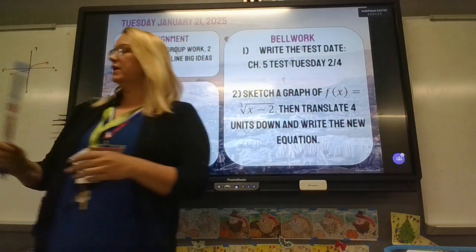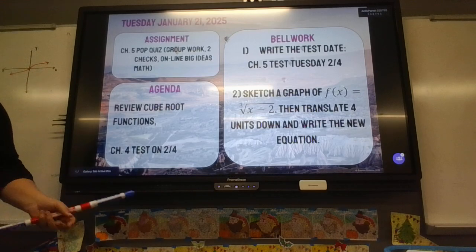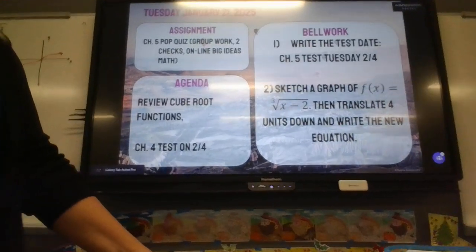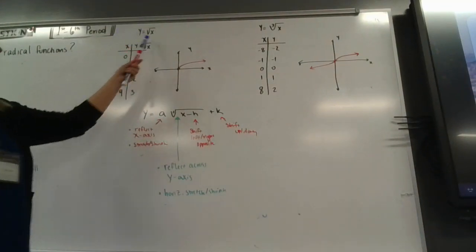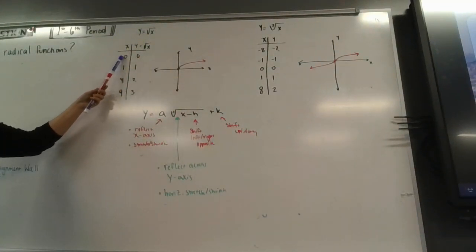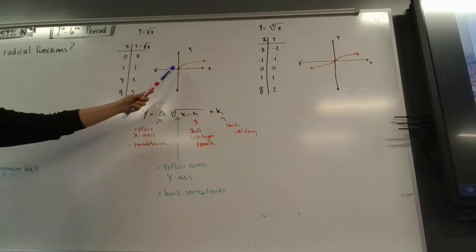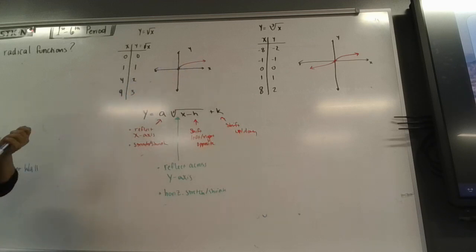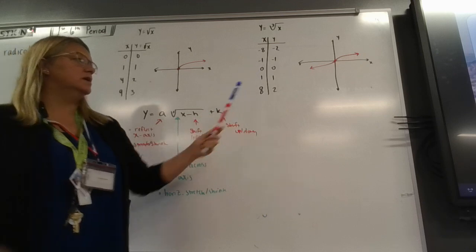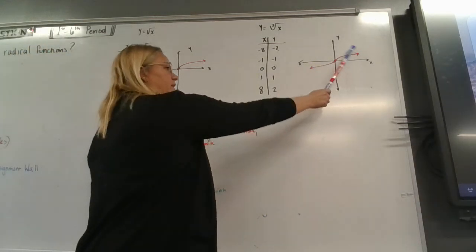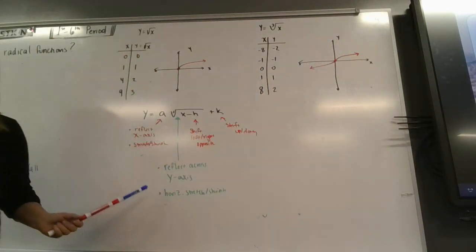All right, over here you'll also see a review of the graphing we did last week. Let's take a look. You got your square root graph where you really like 0, 1, 4, and 9. It has an endpoint and an arrow. You got your cube root graph where -8 works, -1, 0, 1, and 8. You have arrows going both ways. And then here are the transformations we talked about.